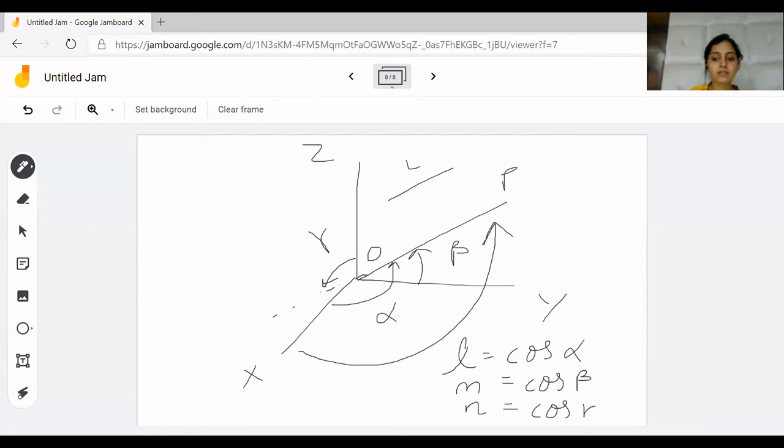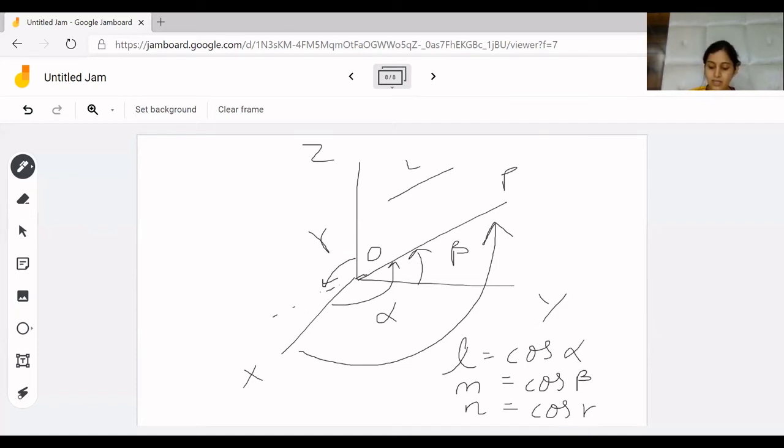These are the direction cosines of the line L with the positive direction of the x, y, and z axes respectively. From the above, it is clear that parallel lines have the same direction cosines. Alpha lies between 0 degrees and 180 degrees, beta lies between 0 degrees and 180 degrees, and gamma lies between 0 degrees and 180 degrees.